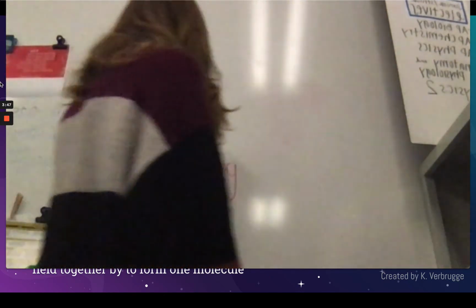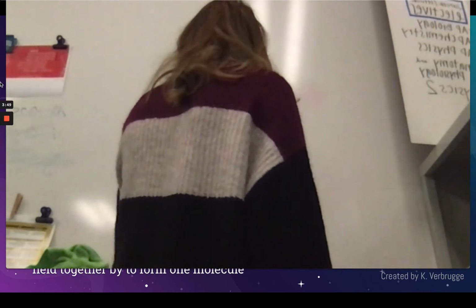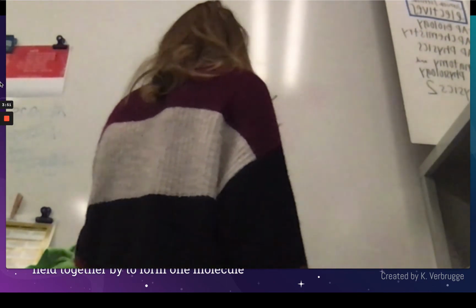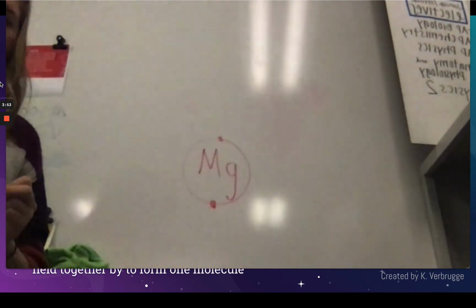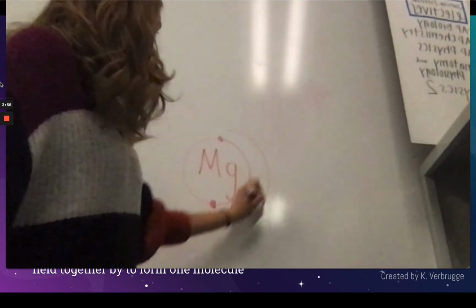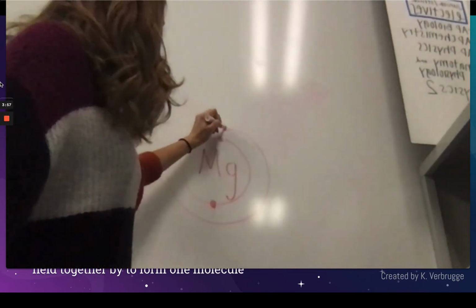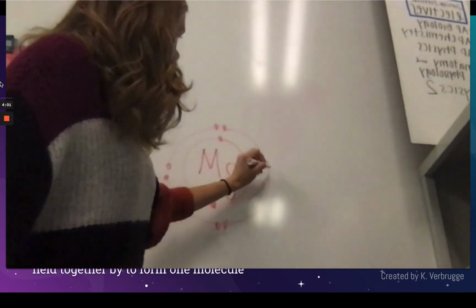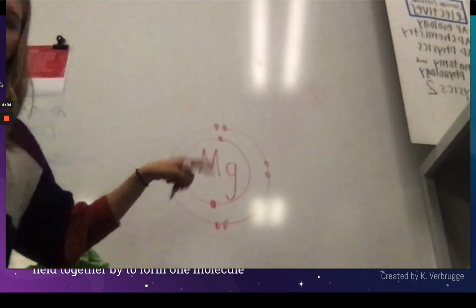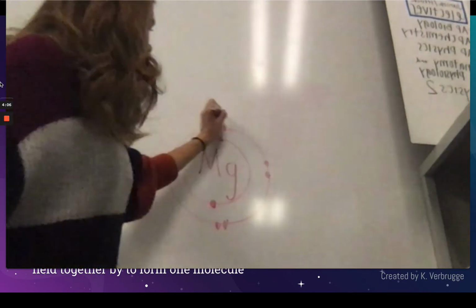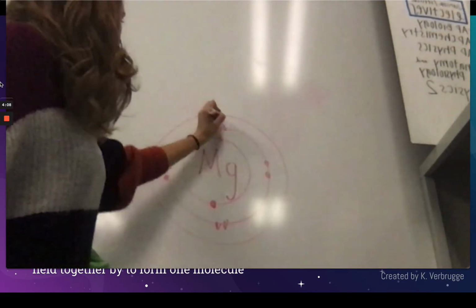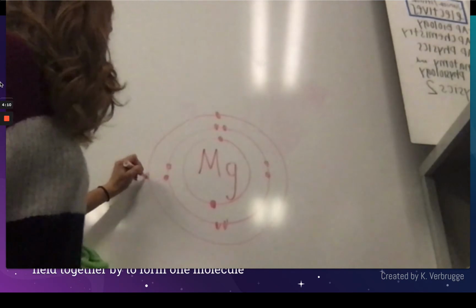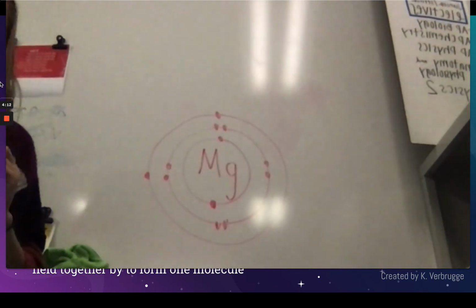How many electrons are we going to put in this first shell? 1, 2. How many can fit in our next shell? 8. 1, 2, 3, 4, 5, 6, 7, 8. So far we have 10 total, but we need 12, so we need to add a third orbital with 2 more electrons.